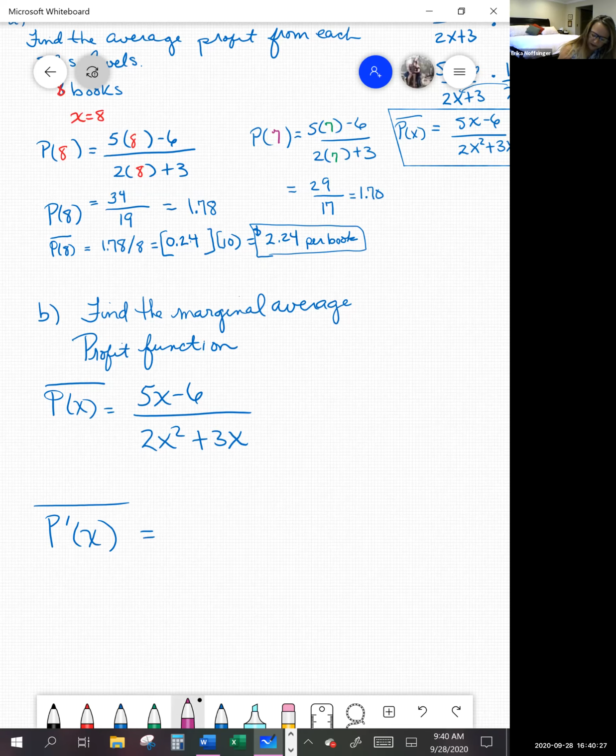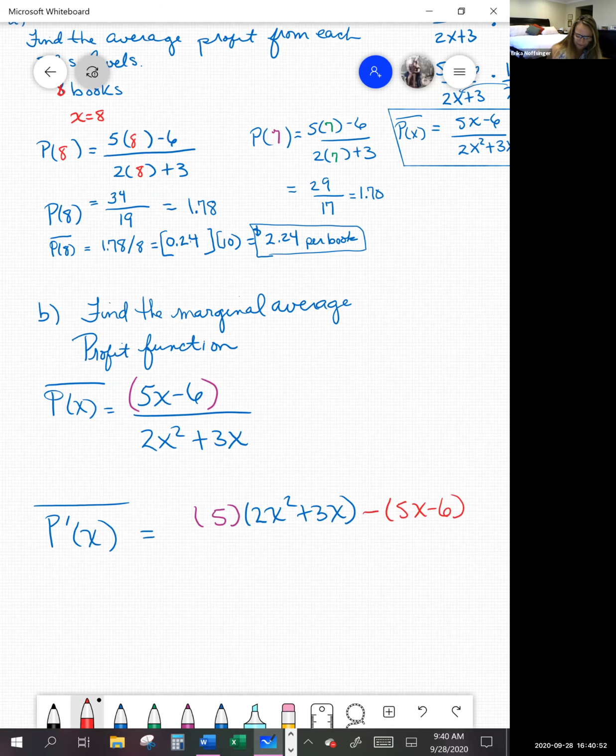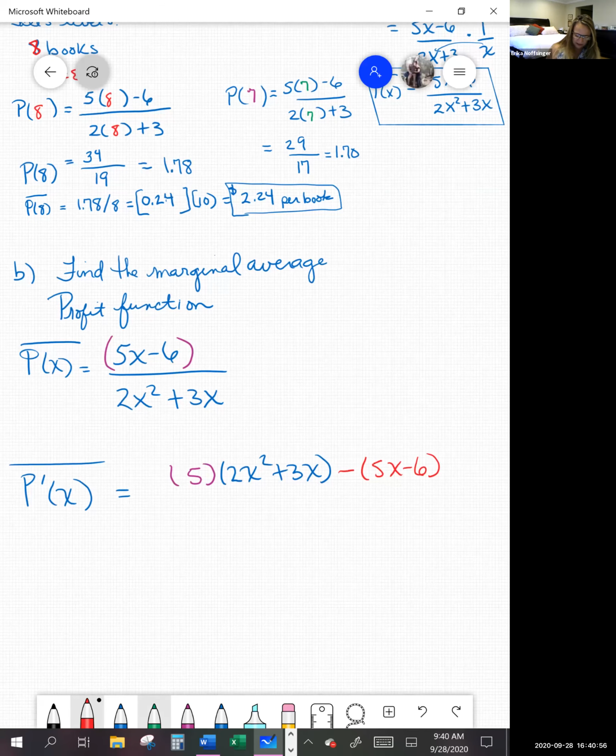So derivative of the numerator: derivative of 5x is just 5, derivative of negative 6 is 0. So that's 5 times the denominator, 2x squared plus 3x, minus the numerator, which is 5x minus 6, times the derivative of the denominator.